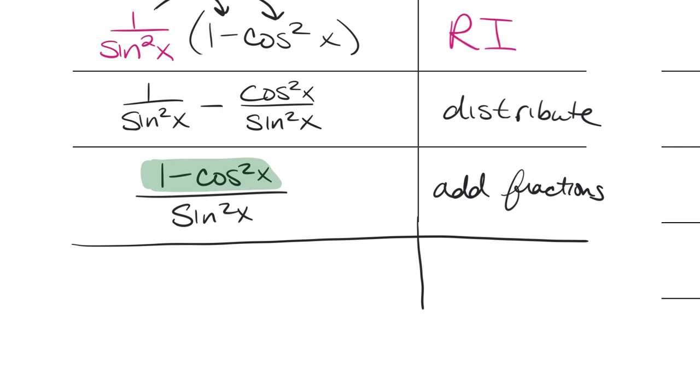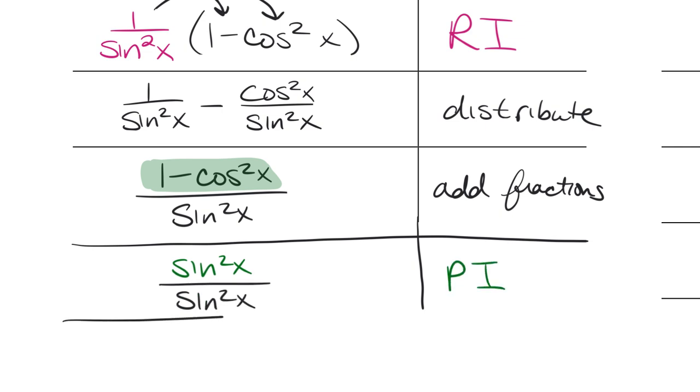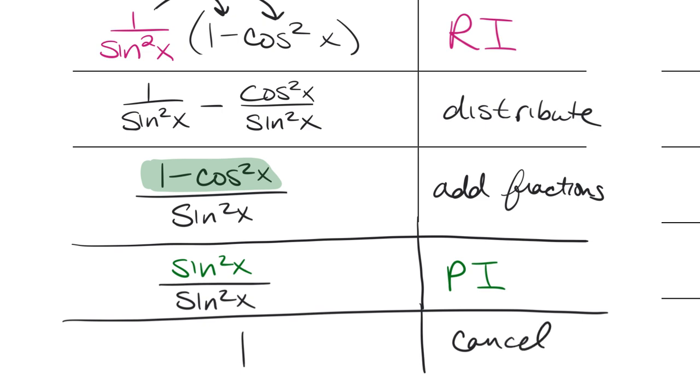So we change ours to sine squared of x over sine squared of x. Well, what's sine squared of x over sine squared of x? 1. That's a cancel step. The answer here is 1.